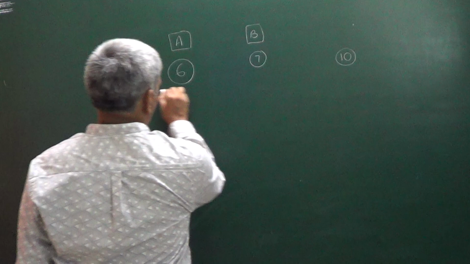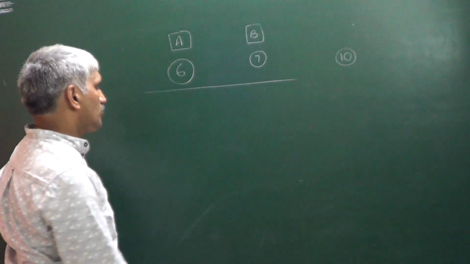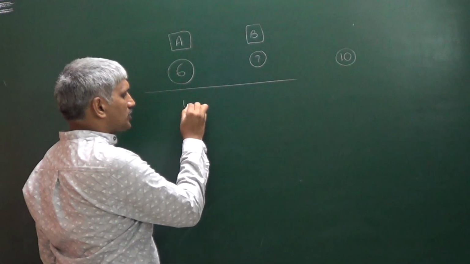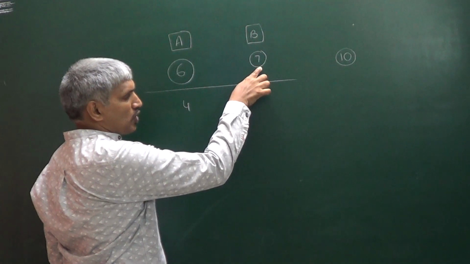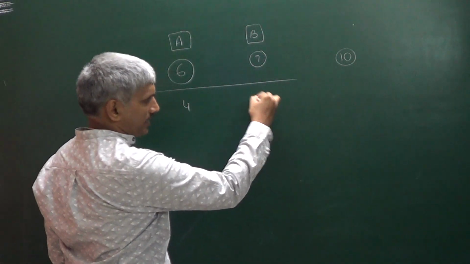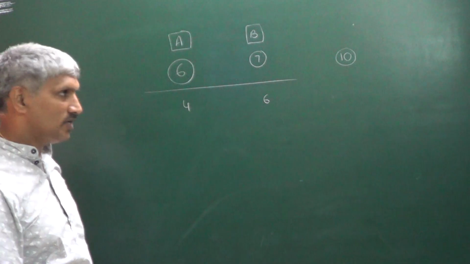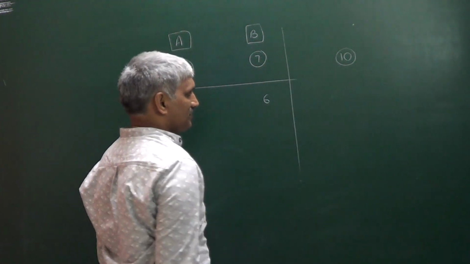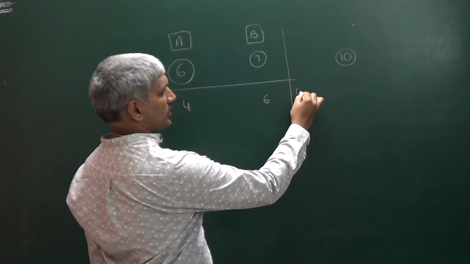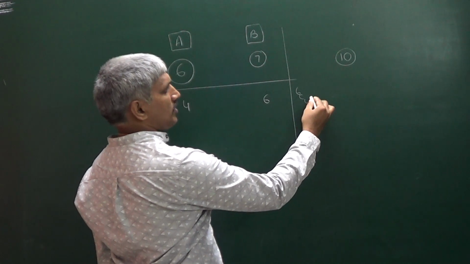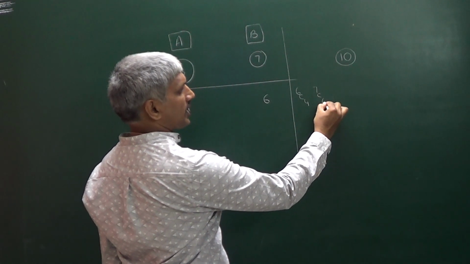For that, observe here. Suppose he selected 4 from this section, then he has to attempt 6 from the other section. That can be done in how many ways? From 6 questions he has to select 4, and from 7 questions he has to select 6.